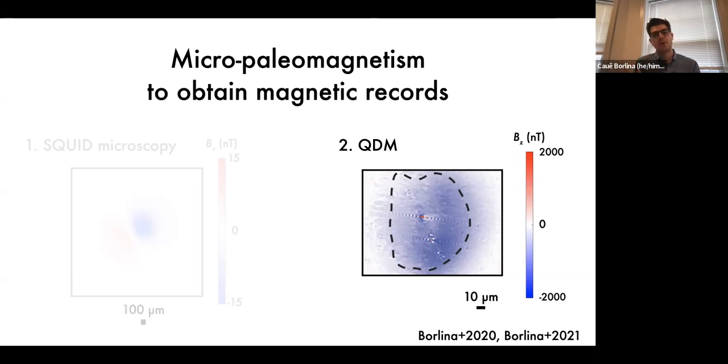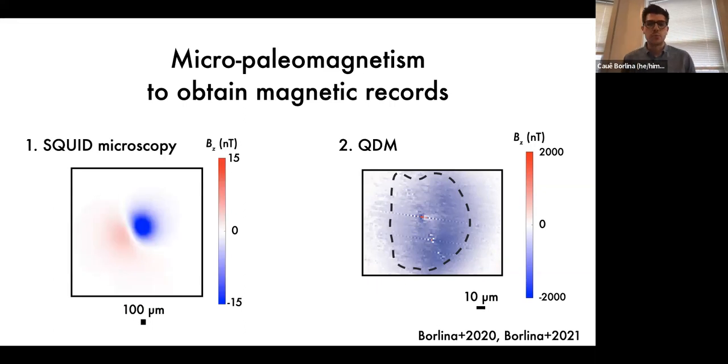For this particular sample, because we have pure iron embedded in the olivine all over the place, we should expect to see a uniform magnetic field distribution all over the chondrule, and that's what we see with the QDM. This supports that the iron inclusions within the dusty olivine chondrules are carrying the magnetic records. It's likely to be primary.